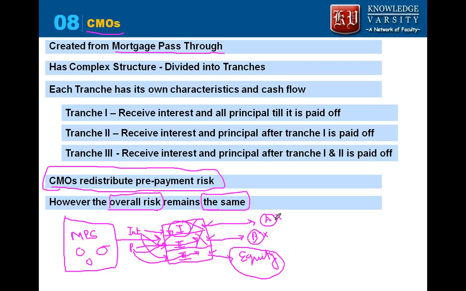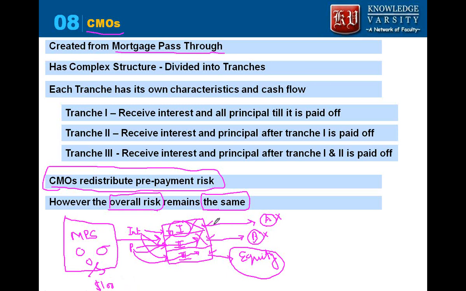CMOs were one of the culprits of the recent crisis that we saw. People had invested in tranche 1 securities or bond A considering that these were safe, but they also suffered losses. Let's say the entire mortgage pool is $100 million.